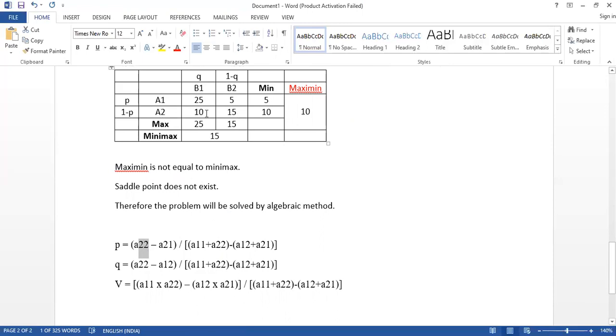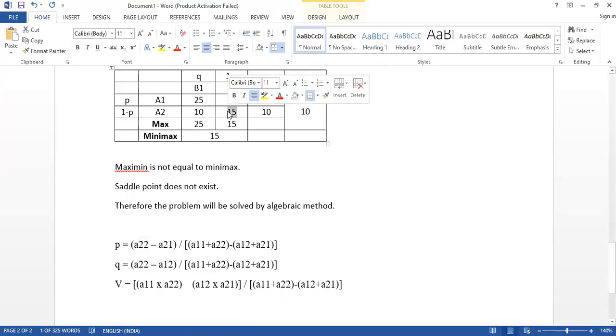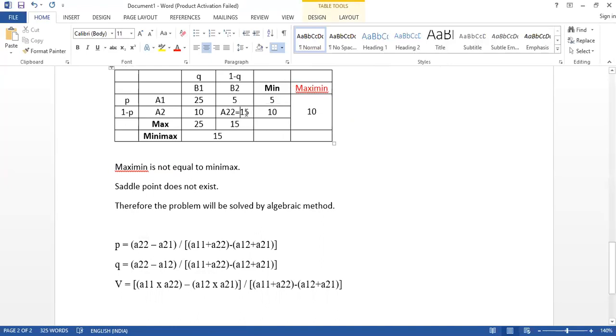This is our second row, A2, and this is our second column. So A22 is this, right? So I'm writing here A22. Coming to this A21, that means the value at second row and first column. This is second row, this is first column. So this is our A21.